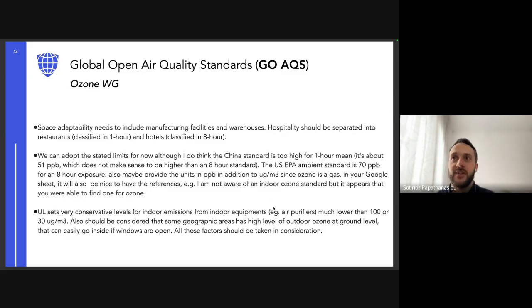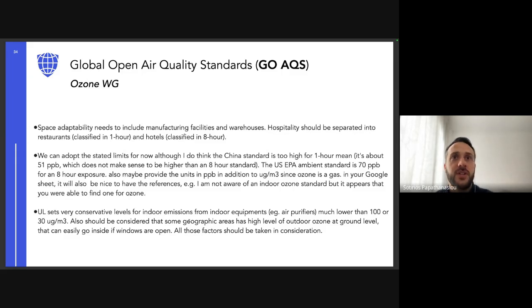Yes, I was able to find some indoor standards for ozone, although it is true they're not common. And then another common comment, sorry, is from another person. UL sets very restrictive levels for indoor emissions from indoor equipment, air purifiers, much lower than 100 or 30 micrograms per cubic meter.